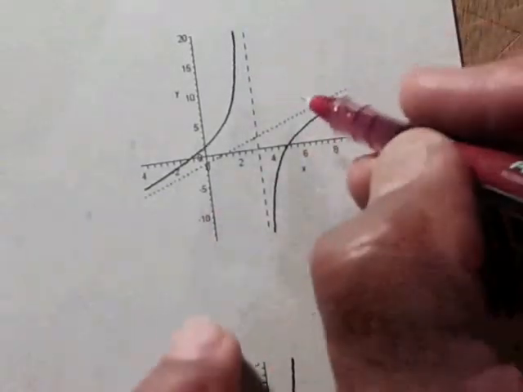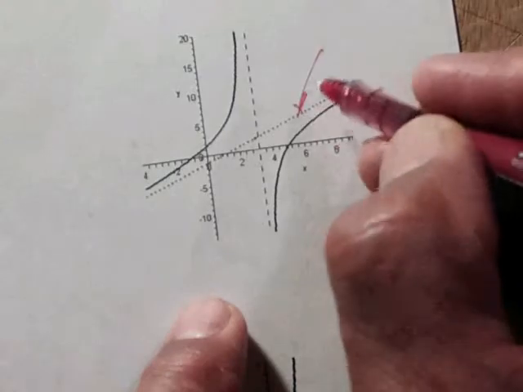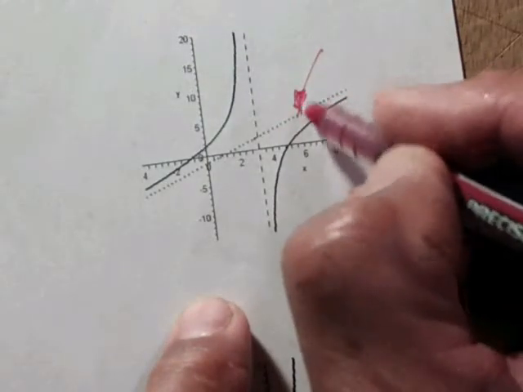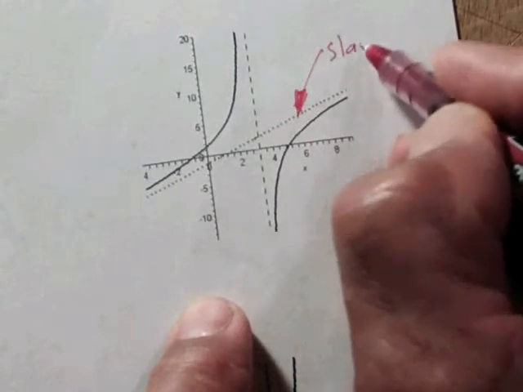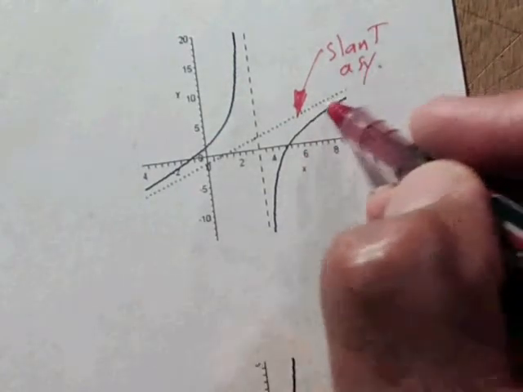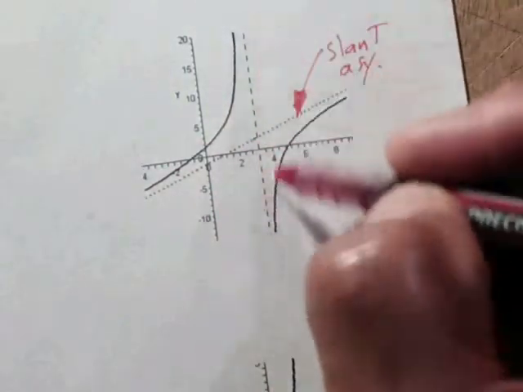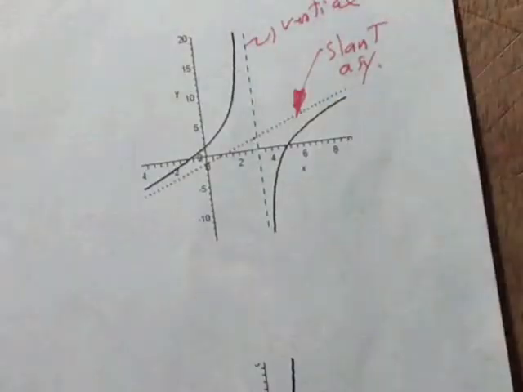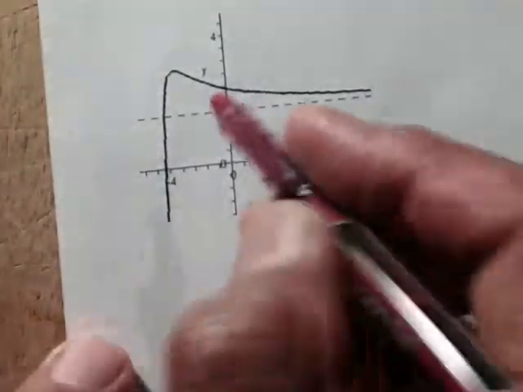This one here has a slant asymptote. Slant means sideways or oblique. So it has one slant asymptote and one vertical asymptote.